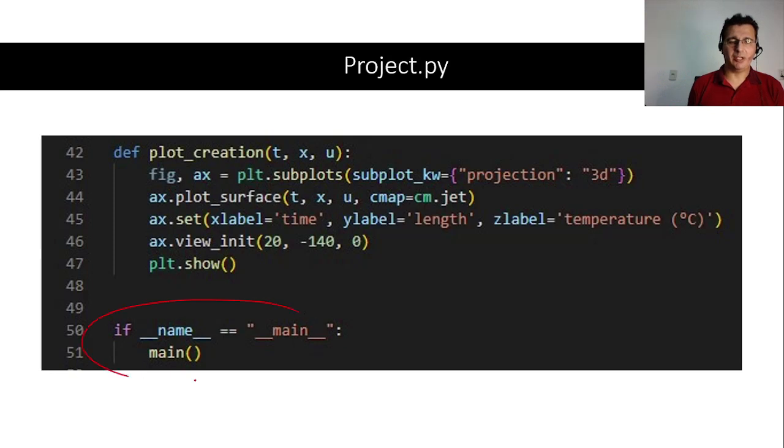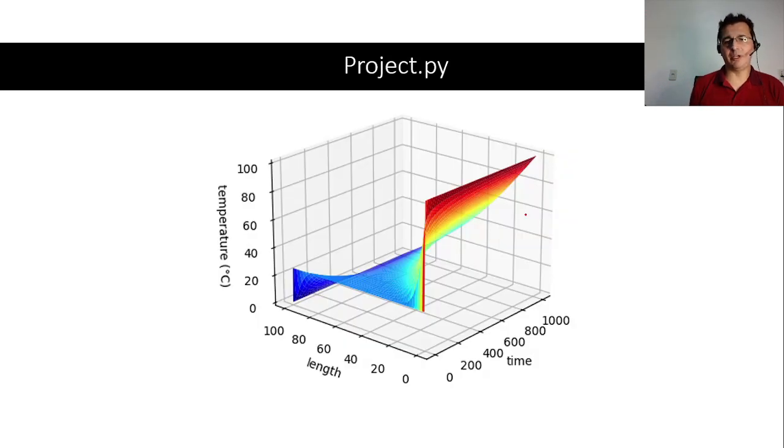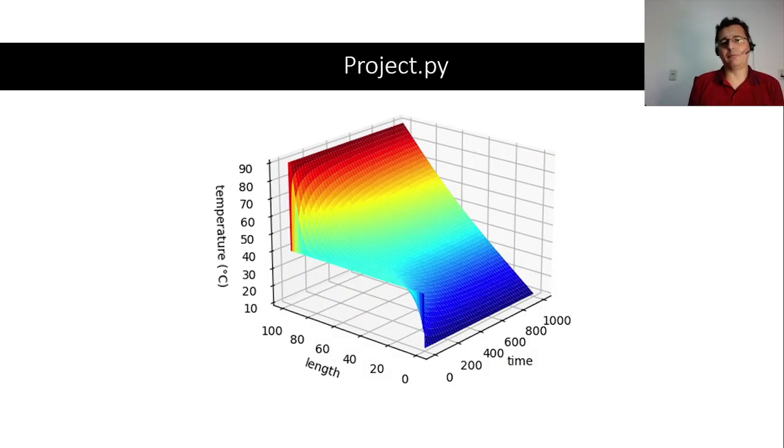And here we call main as always in Python. Here is my output, project.py, and here is another output changing the initial condition and boundary condition too, but maintaining my init view.